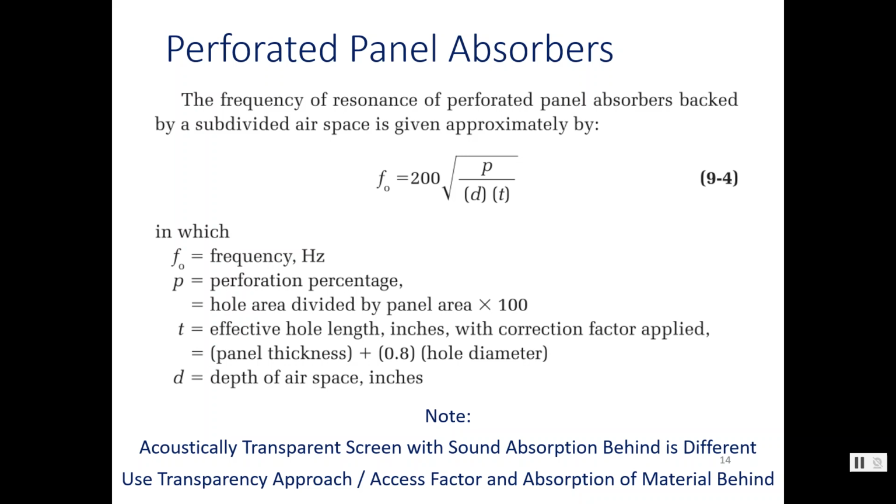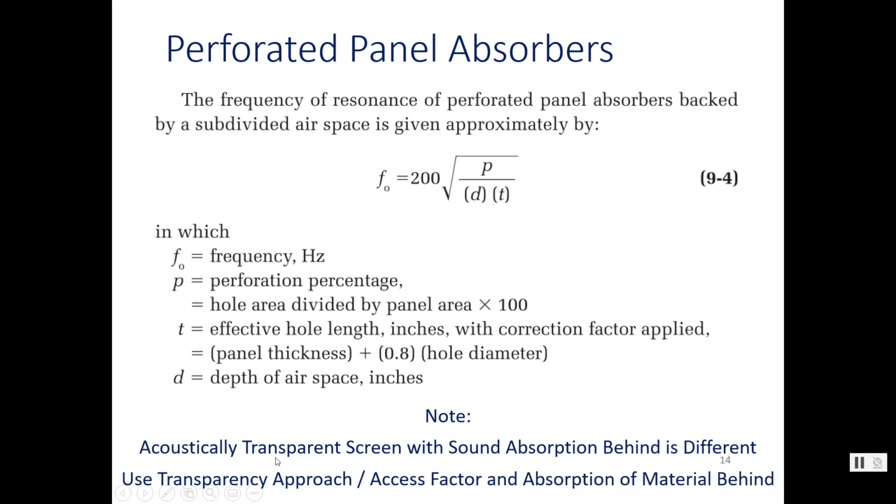And obviously you want that to be acoustically transparent. So if it's something more like that, or like just a mesh or something that's clearly, the intent is for it to be acoustically transparent and let the sound pass through to get to the sound absorption behind, that's something else. There's a different method for that.